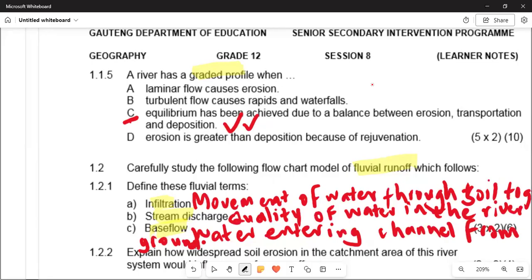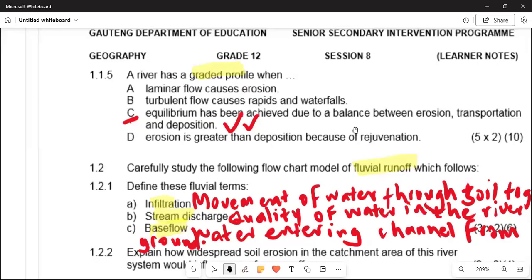On a graded profile there is an equilibrium point, achieved through equal erosion taking place. When there is erosion, there must be transportation, and this transportation leads to the deposition of unwanted stones or particles. They will be deposited, and then you get your 10 marks.